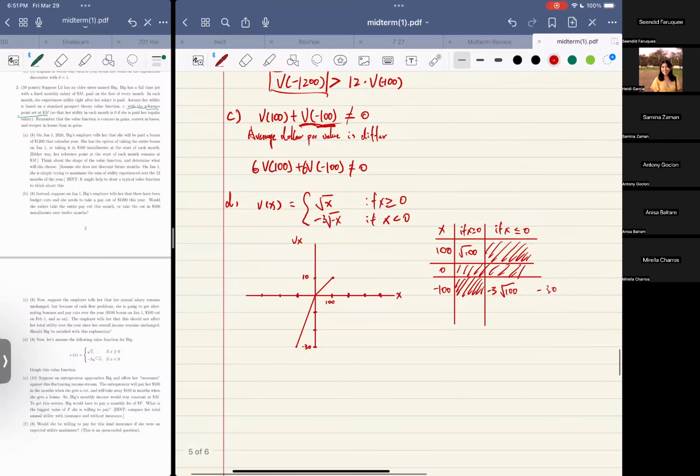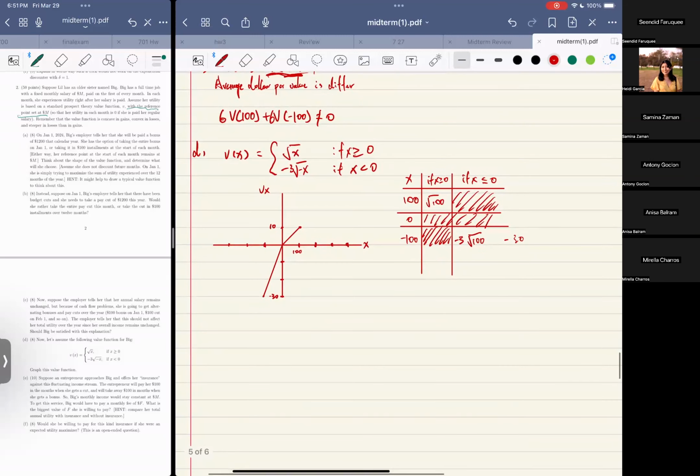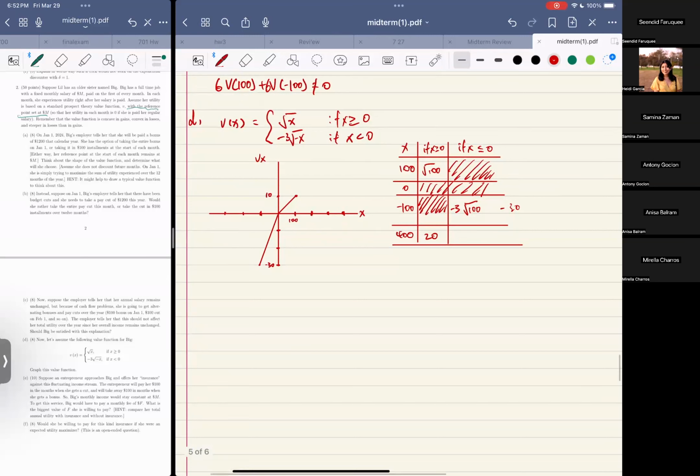Ideally, you should add one more point, something easy like 400, so you can get the number. This will be 20, and if you put negative 400 here, it will be negative 60.